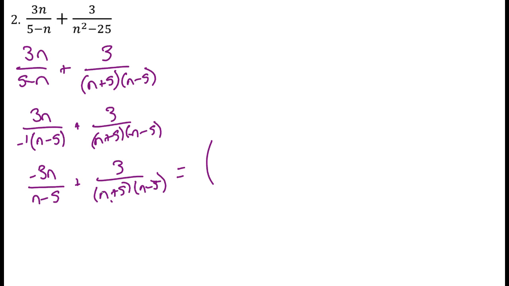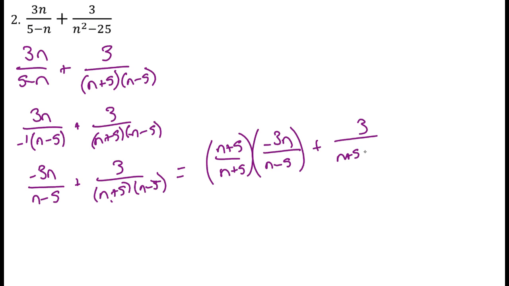So I'm going to have to multiply that first rational expression by a factor of n plus 5. That way I'll have a common denominator. Notice I'm multiplying both the numerator and the denominator by n plus 5. The second rational expression already has the common denominator, so I don't need to touch that.